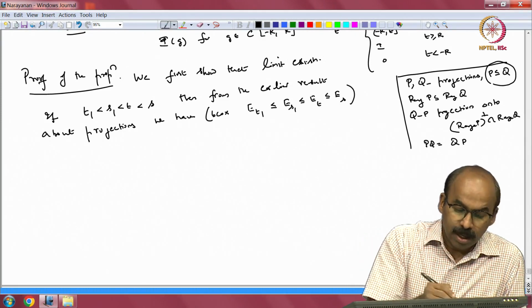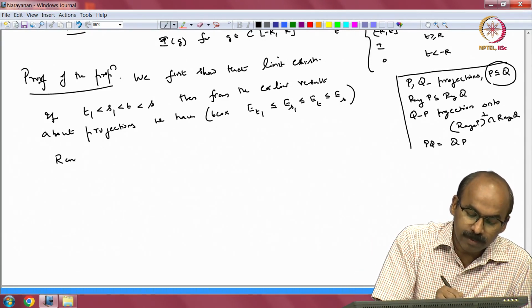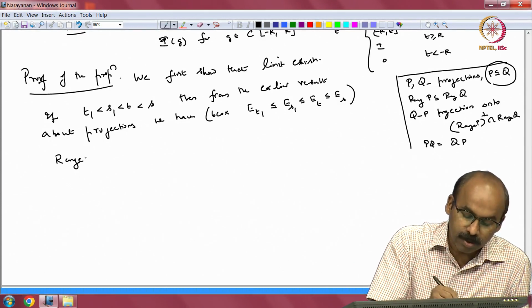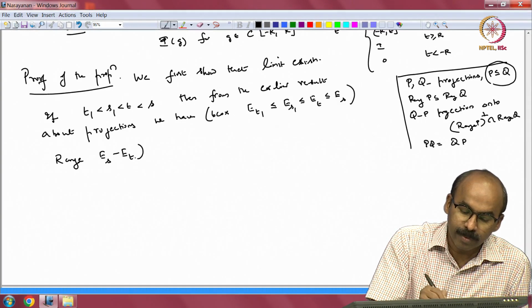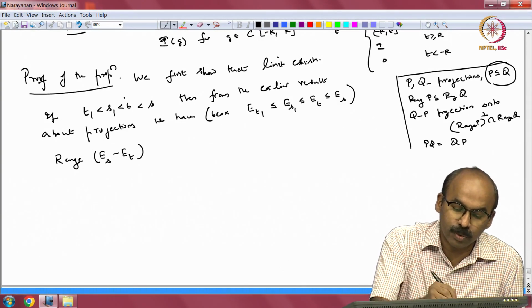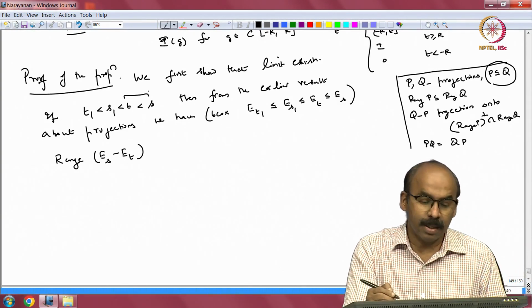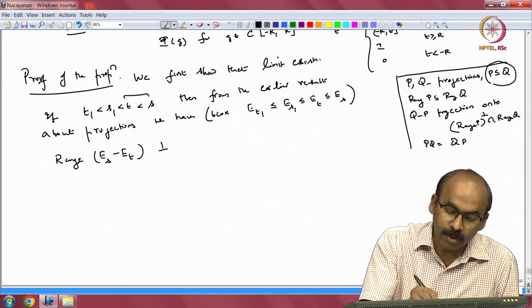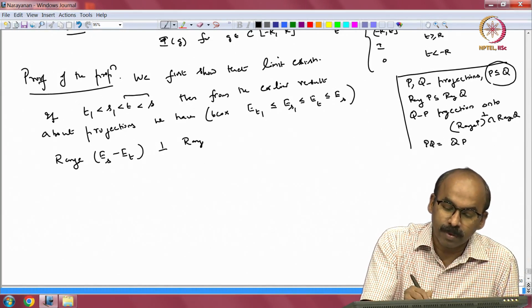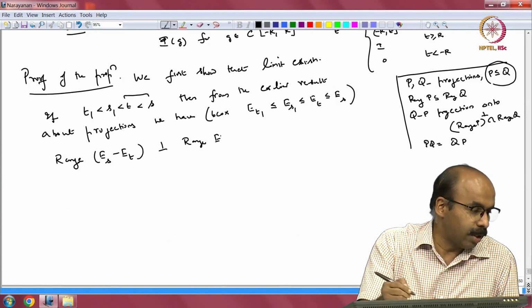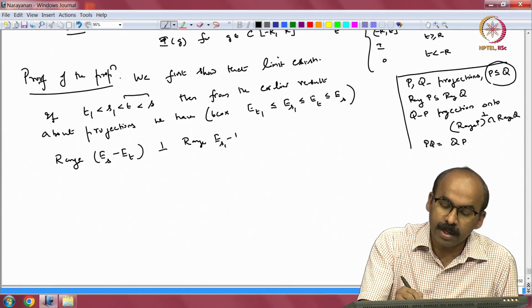We have range of, so I will write down and then explain, E S minus E T. Okay. So, I am taking the first two, right, E S minus E T, that is going to be orthogonal to range of E S 1 minus E T 1.